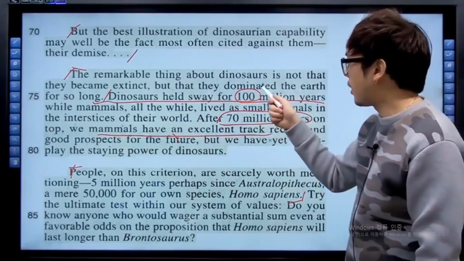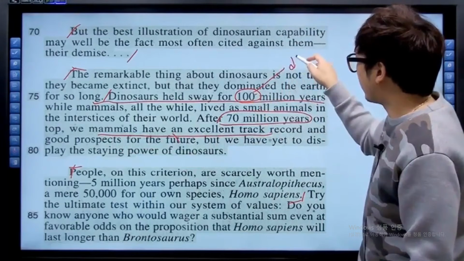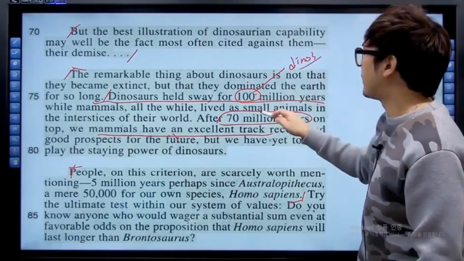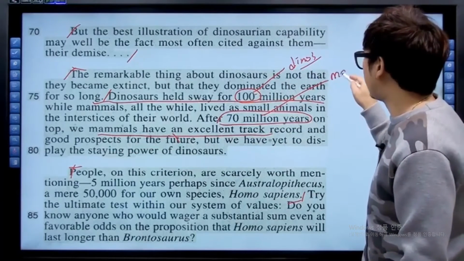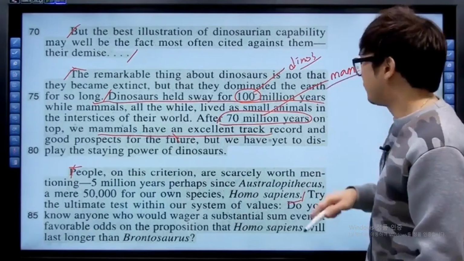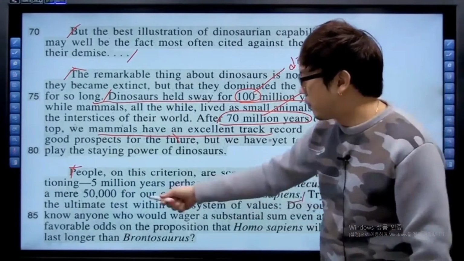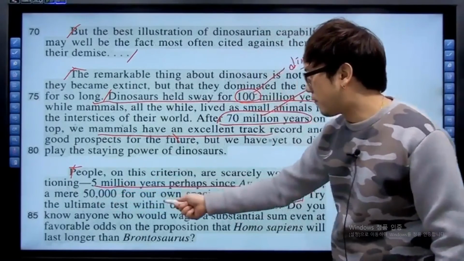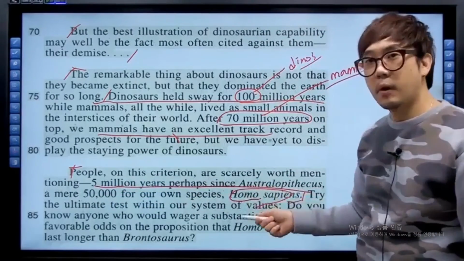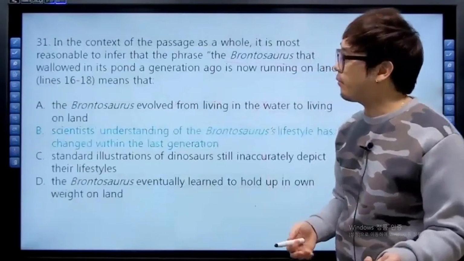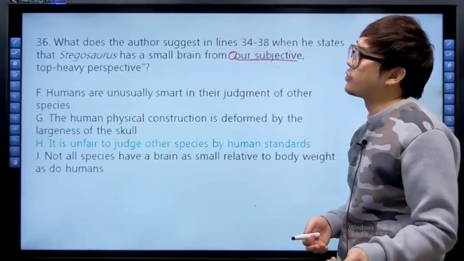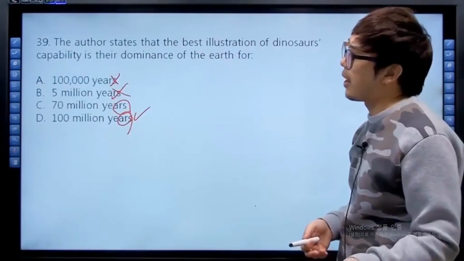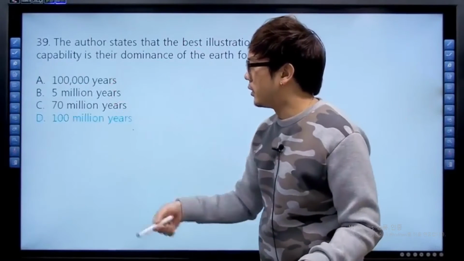So 100 million years for dinosaurs, 70 million for mammals, 5 million for Australopithecus, and 50,000 for Homo sapiens. So you get the idea. What's your answer then? Dinosaurs have been here around 100 million years.